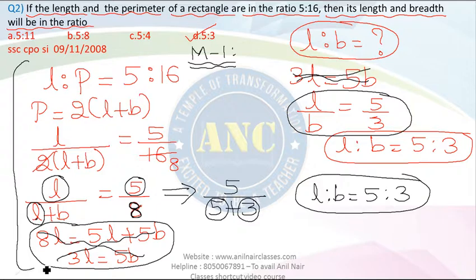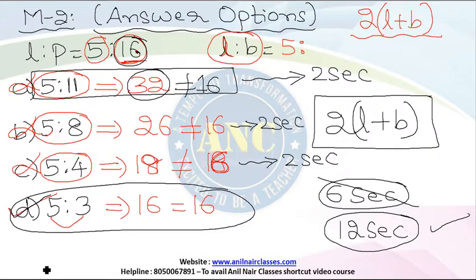I believe that you are understanding the ideology of solving a problem without using variables, L plus B, all those things and wasting your time, rather than using a smarter way of solving and thereby getting the answers faster. I hope I am making sense for each and every student who is watching this video.